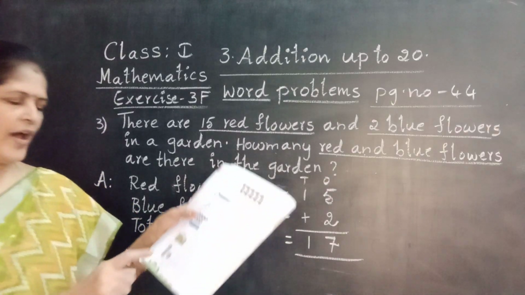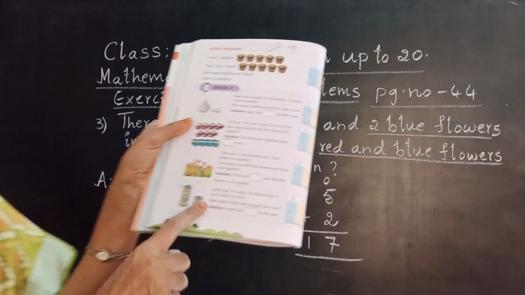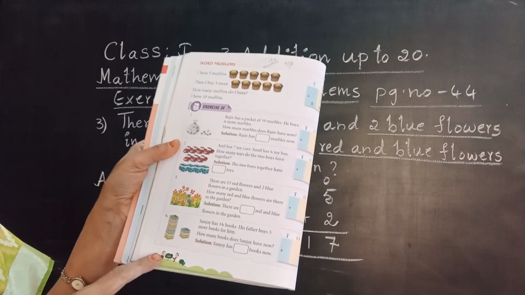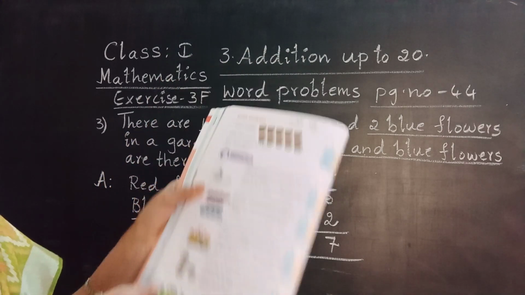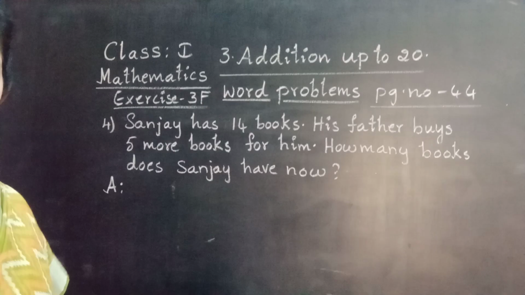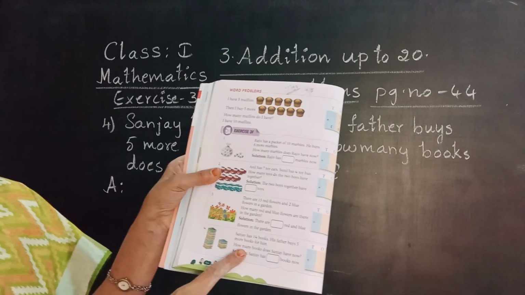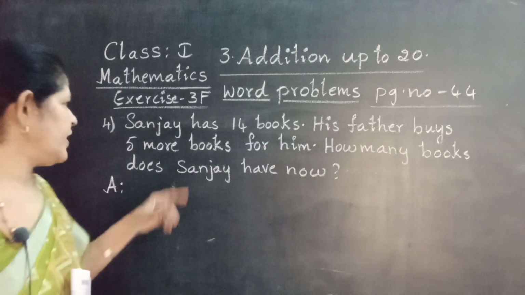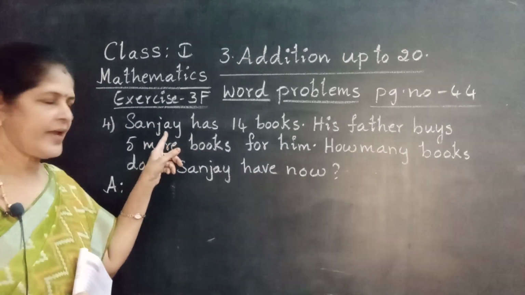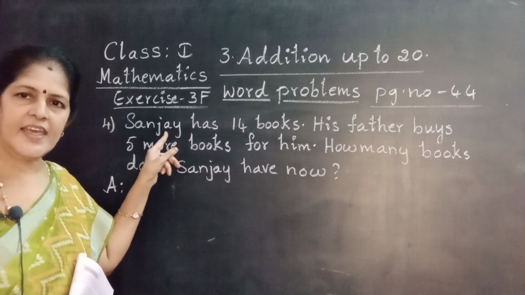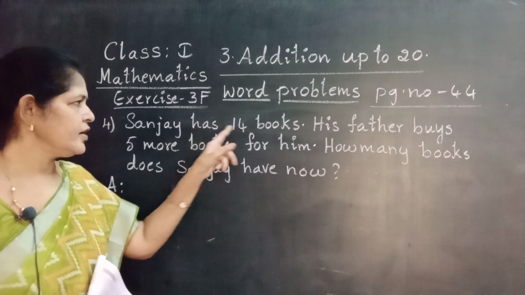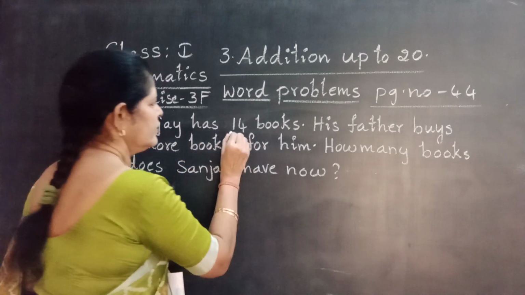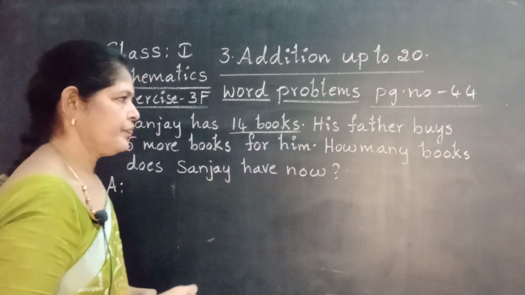Okay, children. One more question is here. See, fourth one. Books. Okay, come on, go to the fourth question. You have to write the numbers here. First, listen to me. I am going to explain. Sanjay has 14 books.